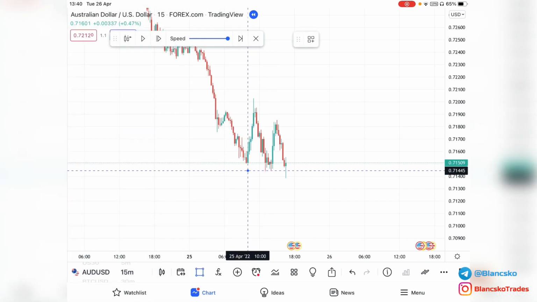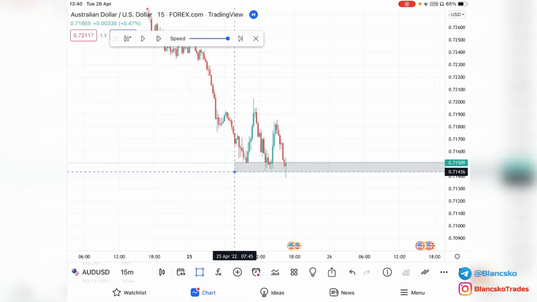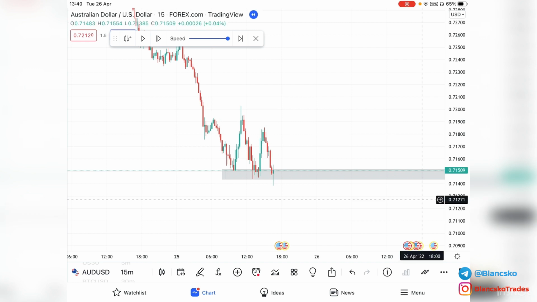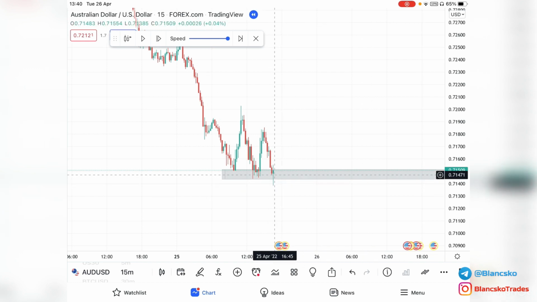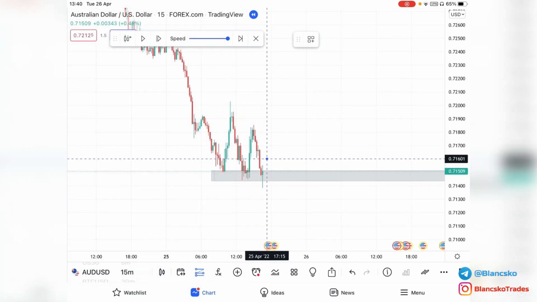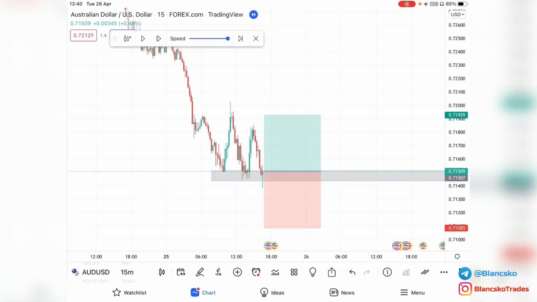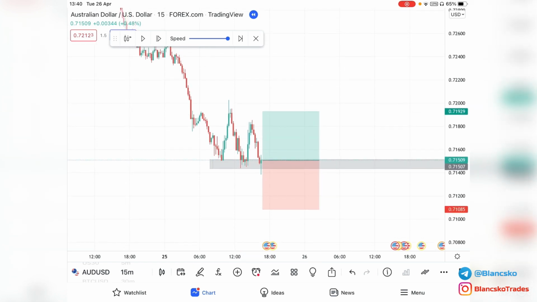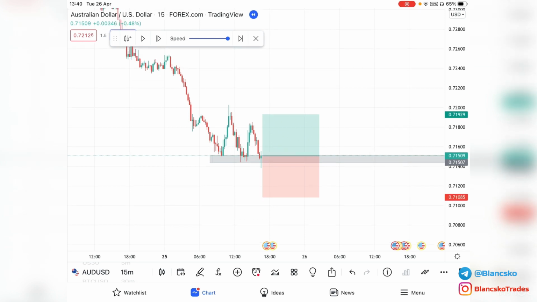We know that we have this support area right here, and we see that price came and didn't break through it with a full candle, creating a slightly doji. So if you would be aggressive, you could enter a buy here and be like, okay, I'm trading price action, I need to take into consideration the zones before I place my stop loss and take profit.